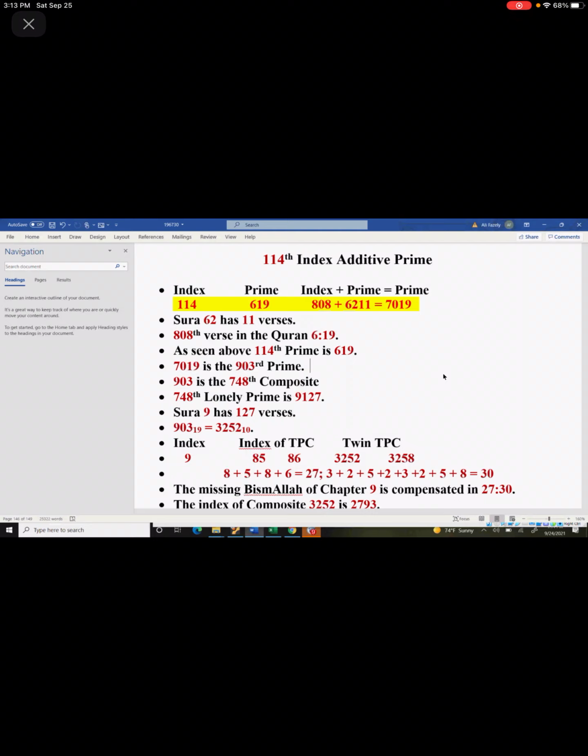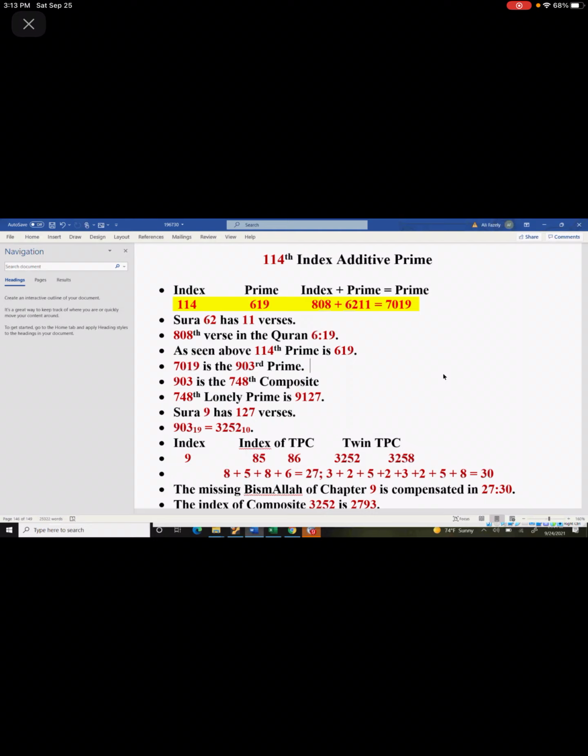The way they have done it, 7019 is most likely correct, but I don't want to say it because I have not verified it. So do not accept any information unless you verify it, because I have no knowledge of this. I have to verify it myself, then I can share it with you.